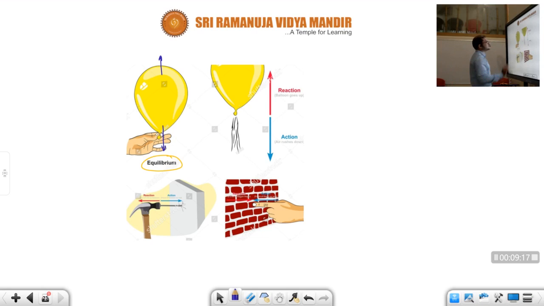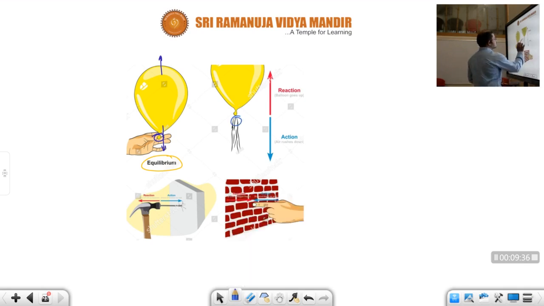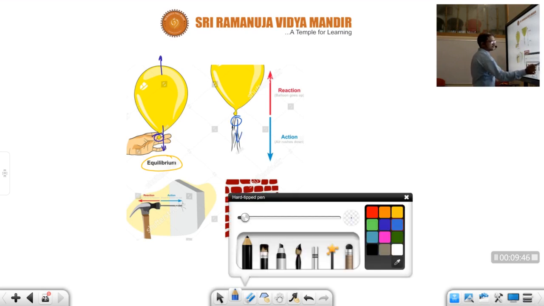As soon as this person releases the entrance, see, children, the space through which the air enters that balloon, if he opens that instead of closing, what will happen, children? The air inside that balloon will exert some force. That force will act downward.